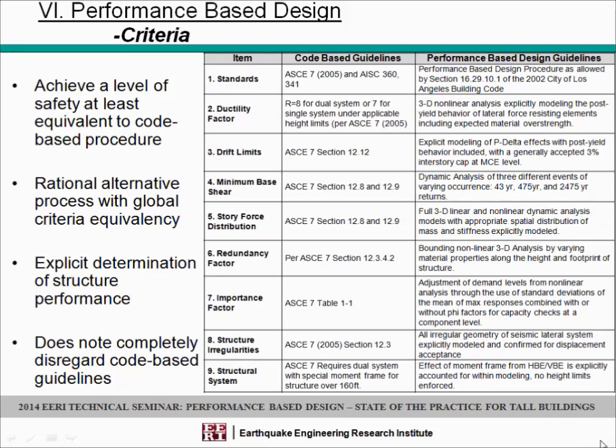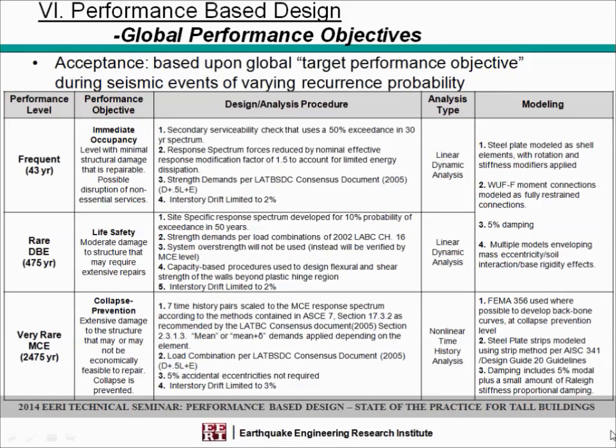5% eccentricities. Redundancy factor. Okay, we ended up using calculated code values for redundancy only for the DBE. And redundancy factor, importance factor, structural irregularities, structural system, all of this starts to show what would be the comparisons between code and performance-based. You've seen some of that in prior presentation.